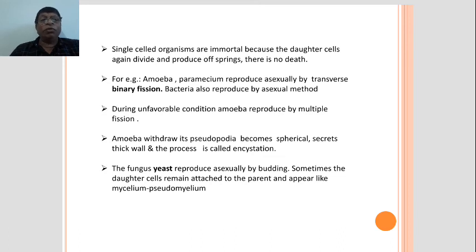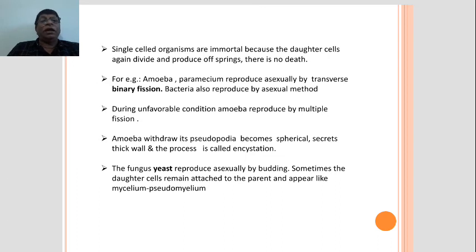It reproduces sexually. Then, to overcome the unfavorable conditions, the amoeba withdraws all pseudopodia, becomes spherical in shape, and secretes a thick wall. This process is called encystation. That is, cysts are formed.